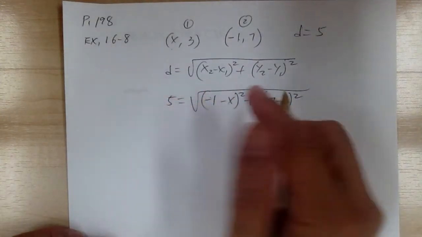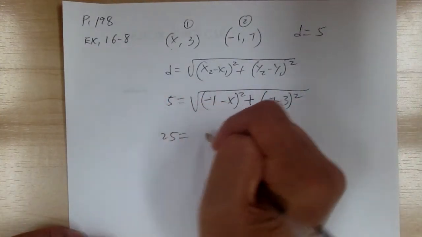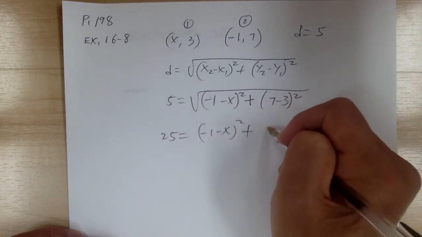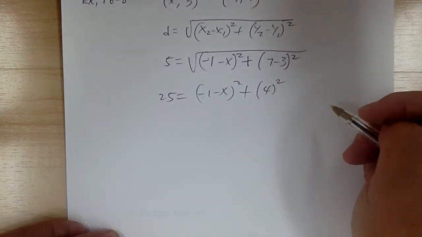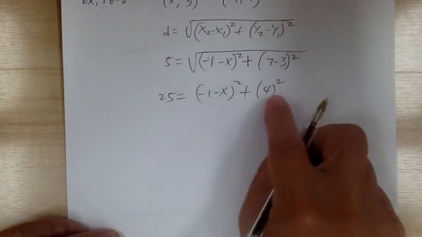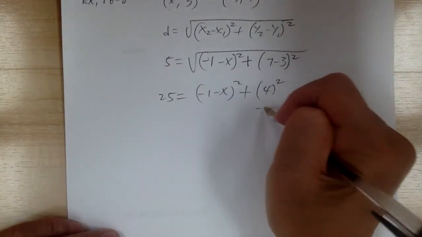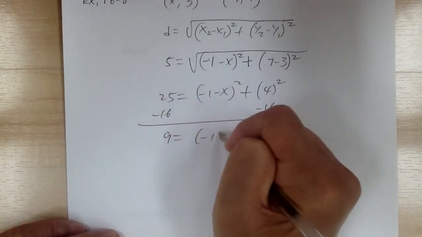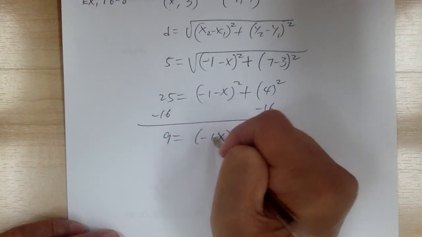If you square both sides, you get 25 equals negative 1 minus x squared plus 4 squared. Now instead of multiplying this out, I am going to subtract 16 on both sides. So I get 9 equals negative 1 minus x squared.